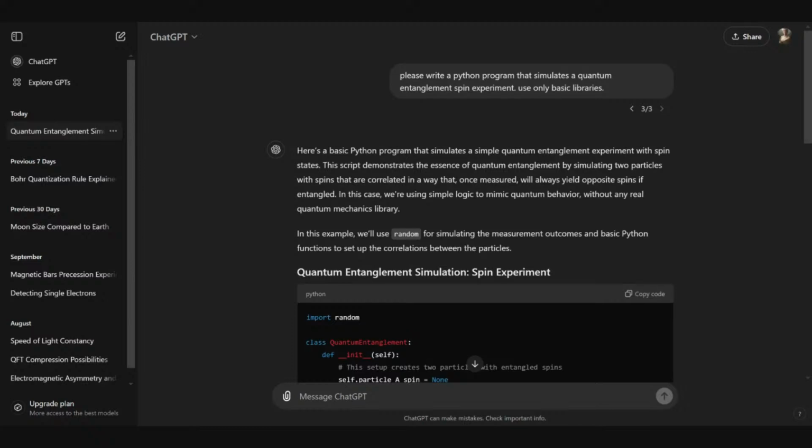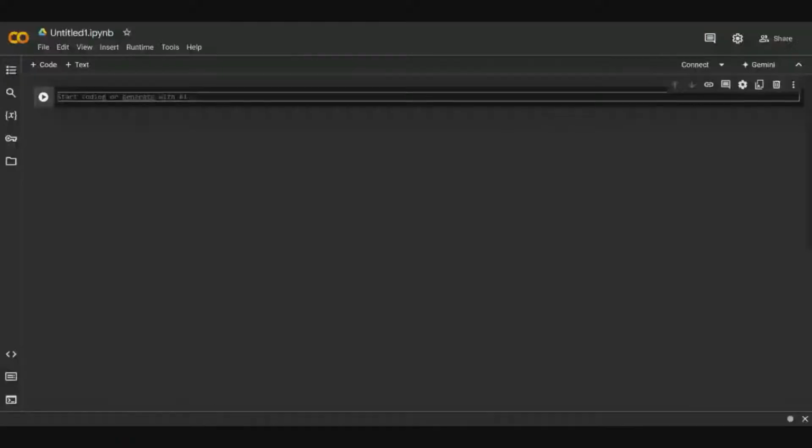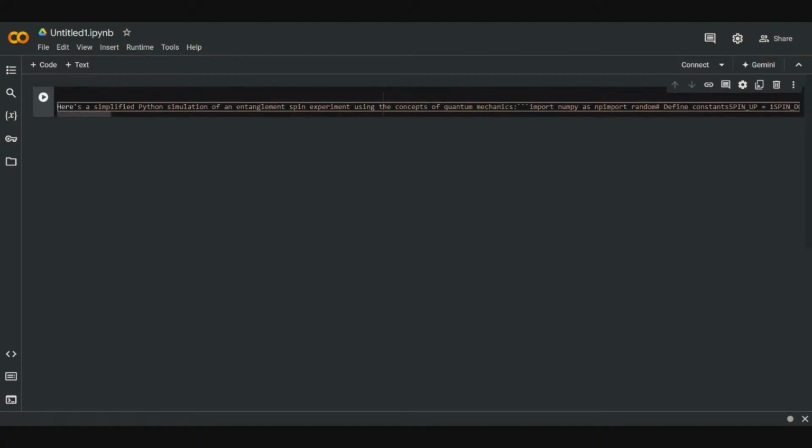New notebook. Share this. Start coding. No, that's not going to work.